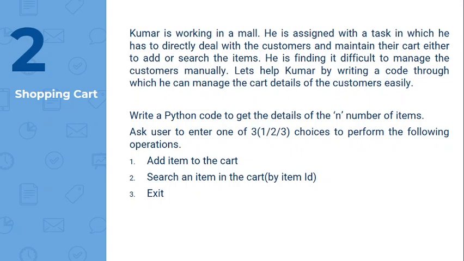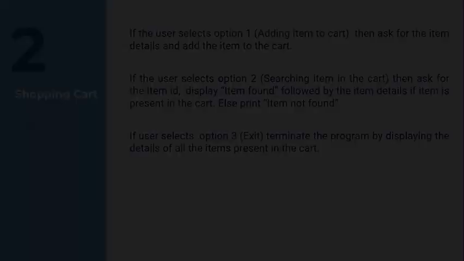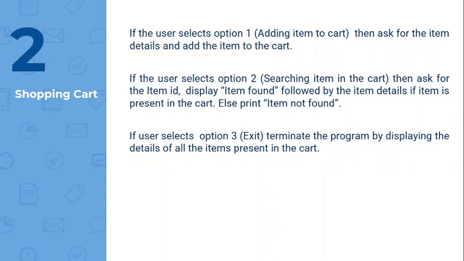Write a Python code to get the details of n number of items and ask the user 3 choices. One is to add the item to the cart, search an item by ID, or exit. If the user selects option 1, then you have to fetch the item details and add them to the cart.